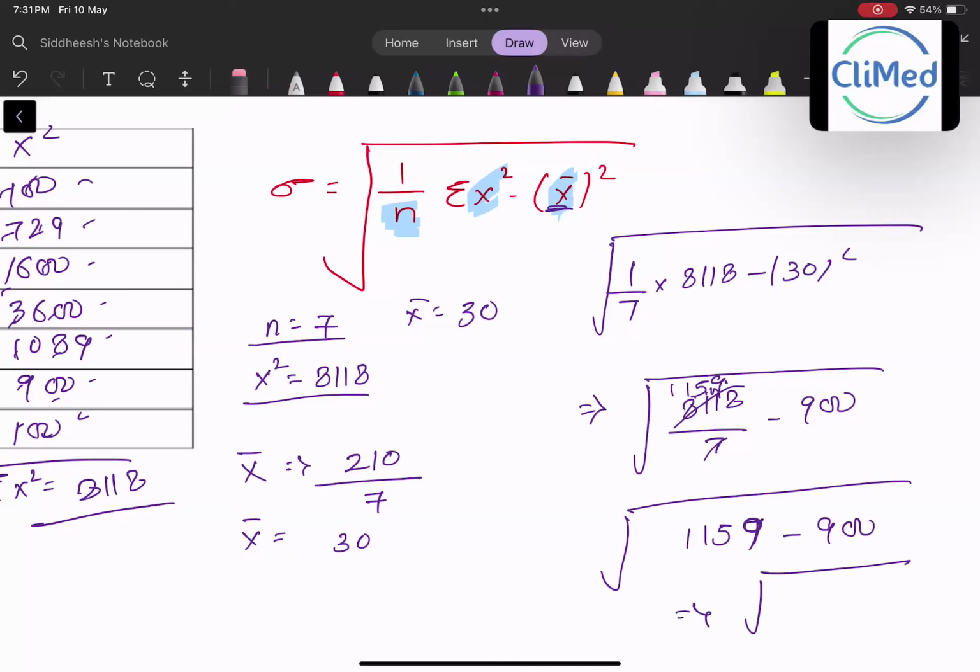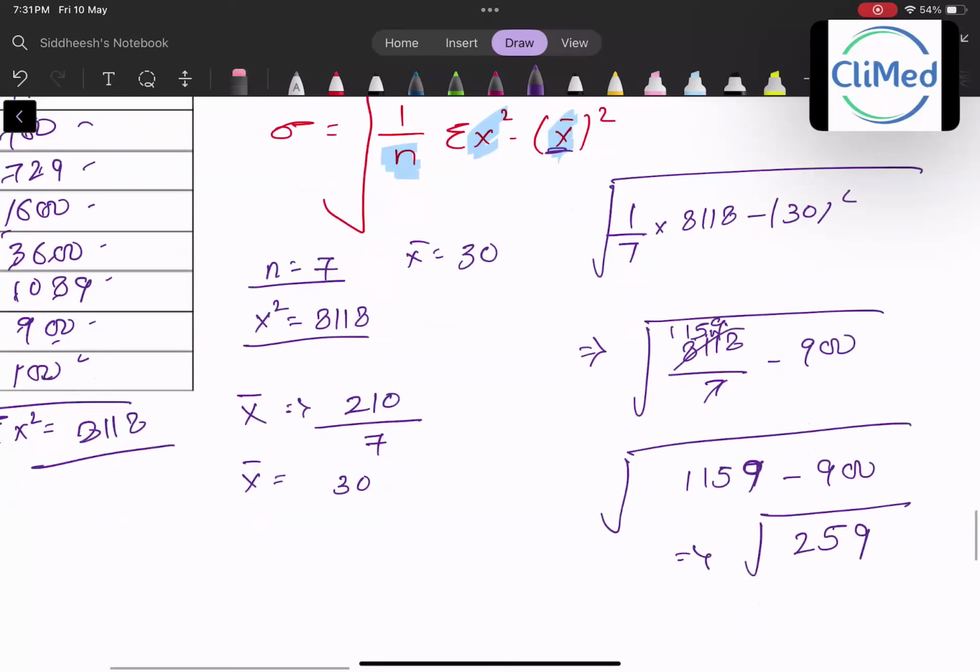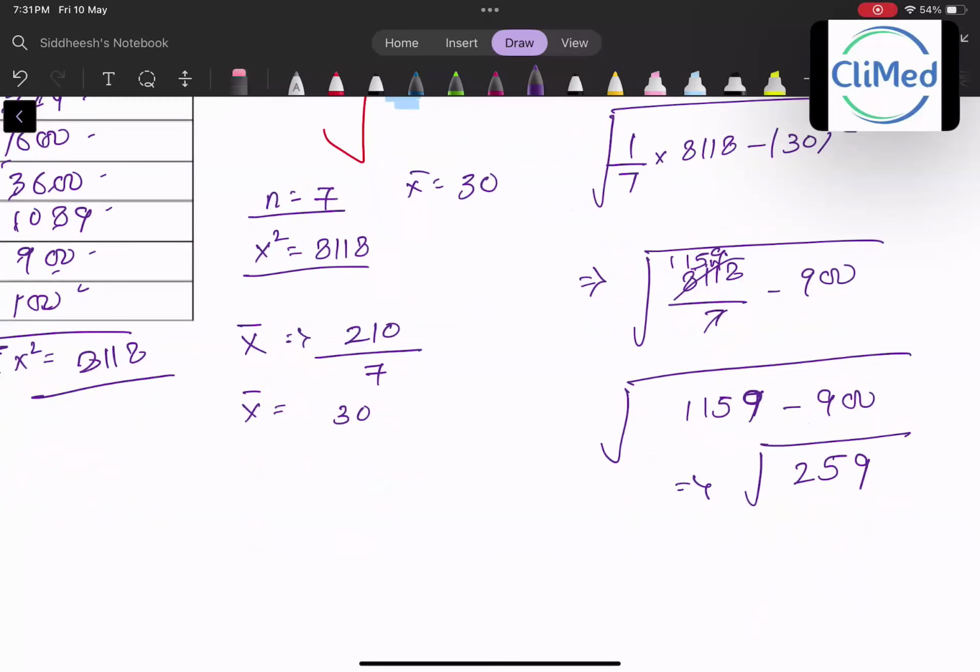Then how much are we getting? 259. Correct? Then you have to use the calculator here. Then we are getting 16.11. Yes, Mohit. Correct.